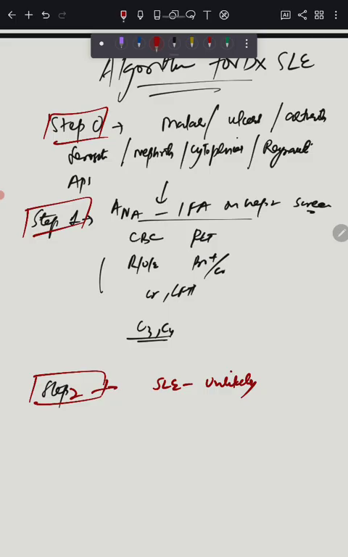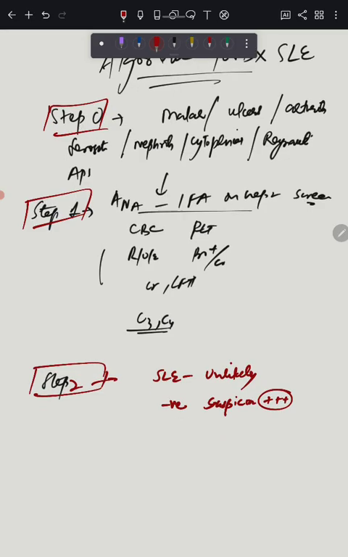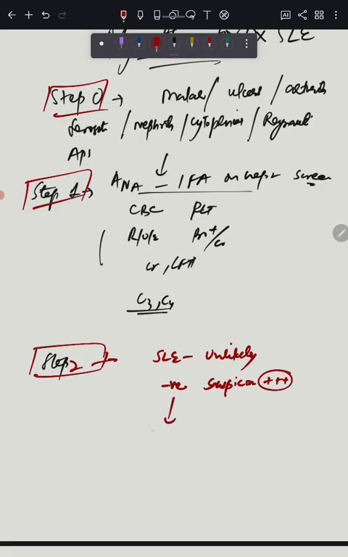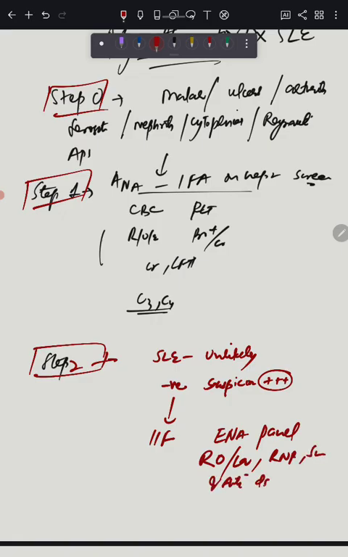Then you have to look for other causes. But if ANA is negative, but there is strong clinical suspicion, so clinical suspicion is very high, then you have to repeat the ANA once, preferably at a different lab using indirect immunofluorescence, and also send an ENA panel, that is Ro, La antibodies, RNP, Smith, and anti-double stranded DNA.